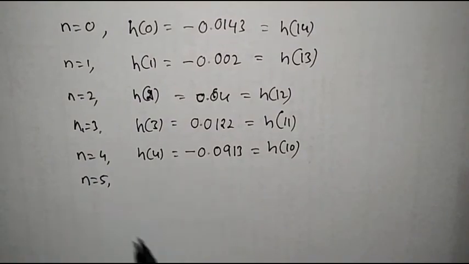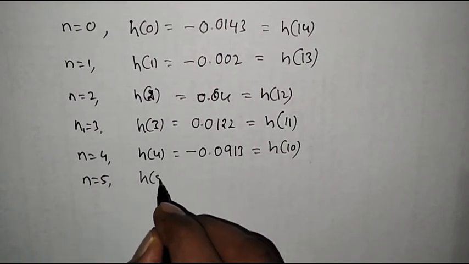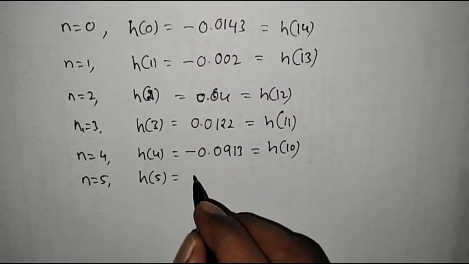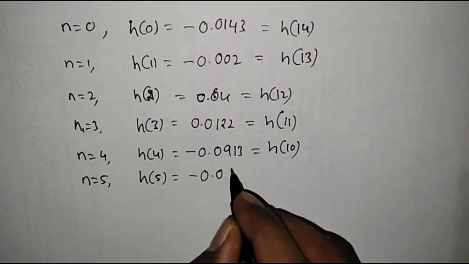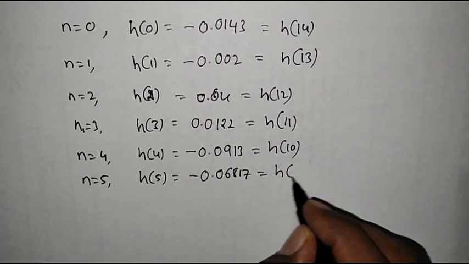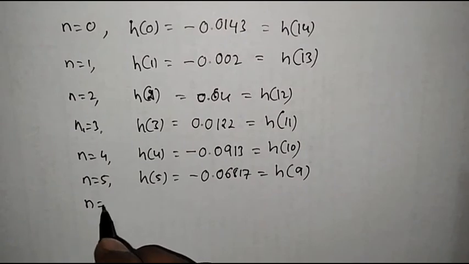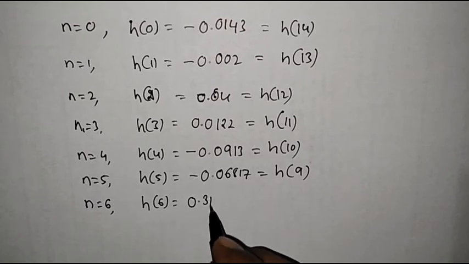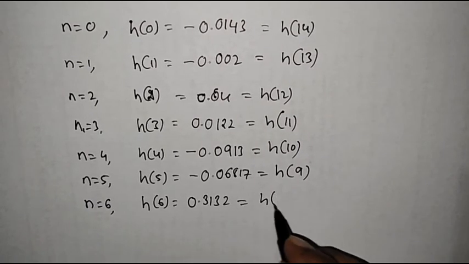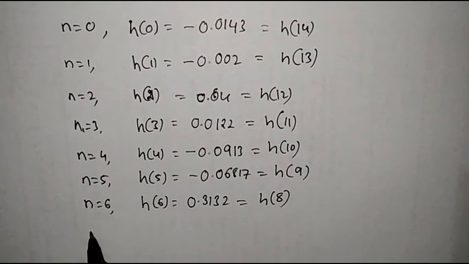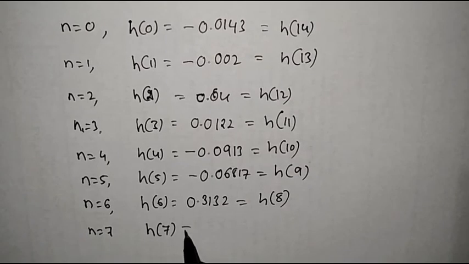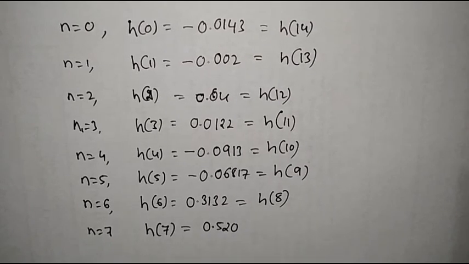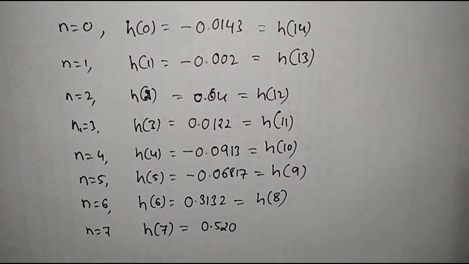For n equal to 5, h of 5 will be minus 0.06817, which is also equal to h of 9. And for n equal to 6, h of 6 value is 0.3132, which is also equal to h of 8. And finally, for n equal to 7, we have h of 7, which is equal to 0.520. These are the coefficients of the linear phase FIR filter of length 15.